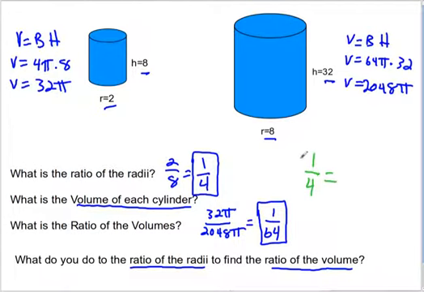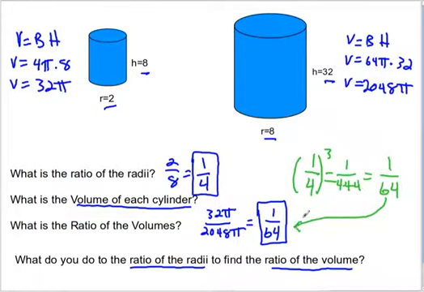And so let's just try an experiment here, and let's cube this. Alright, so that'd be 1 over 4 times 4 times 4, which is 1 over 64. Wow. Look at that. And therein lies the key.